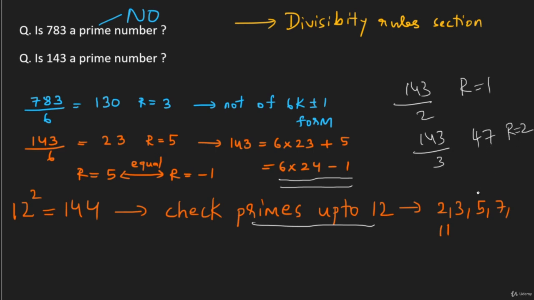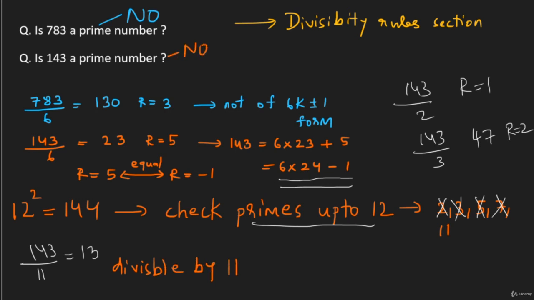In a similar manner, you will see that 143 cannot be divided by 5 and 7, and we have already seen that 2 and 3 do not divide 143 perfectly. But when it comes to 11, if you do 143 divided by 11, you will see that first you take 14 by 11, it goes 1 time, your remainder is 3, and you take this 3 along with it, so 33 by 11, that's 3. So yes, 143 is perfectly divisible by 11. Therefore, we conclude that 143 is not a prime number.